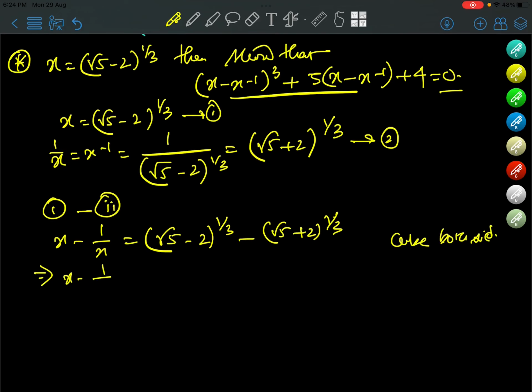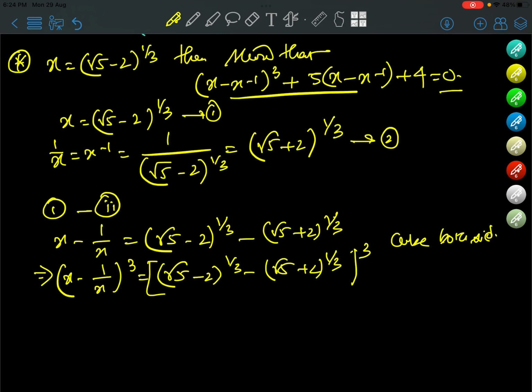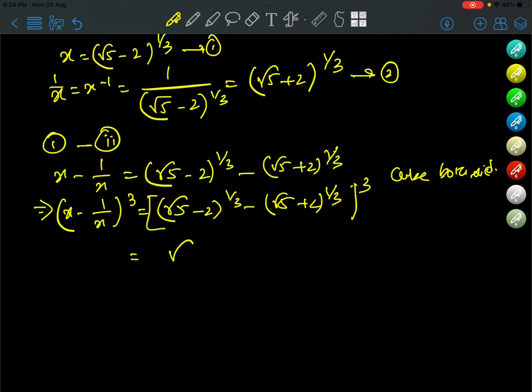Now x minus 1 by x whole cube equals ((root 5 minus 2) to the power 1/3 minus (root 5 plus 2) to the power 1/3) whole cube. What is the formula? The algebraic formula we are going to use is (a minus b) whole cube equals a cube minus b cube minus 3ab into (a minus b).